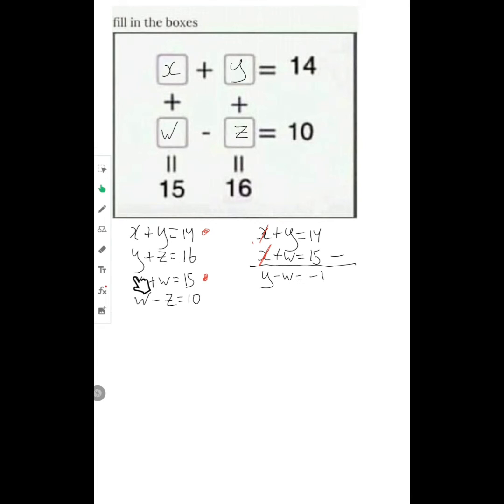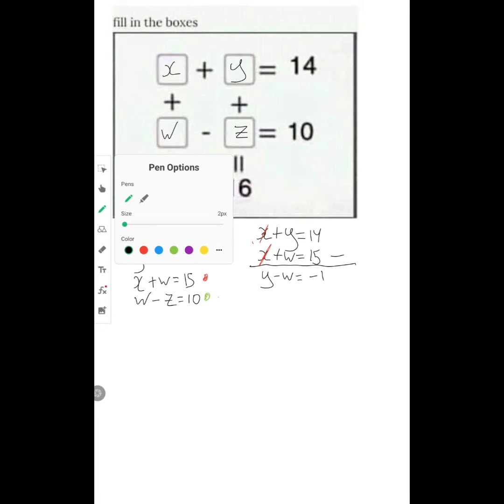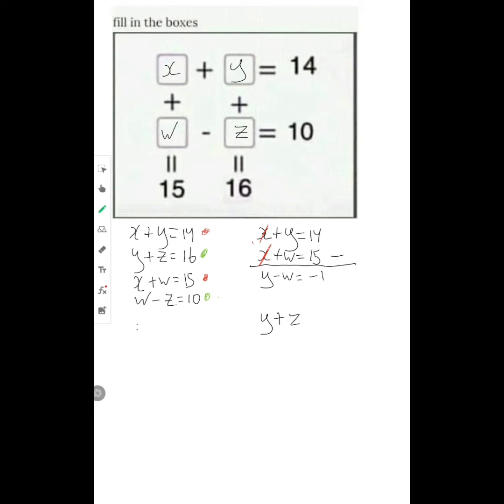So I'm going to use 2 other equations to stay with y and w. I'm going to mark these greens so you see what I'm doing. So y plus z is 16, and w minus z is 10.